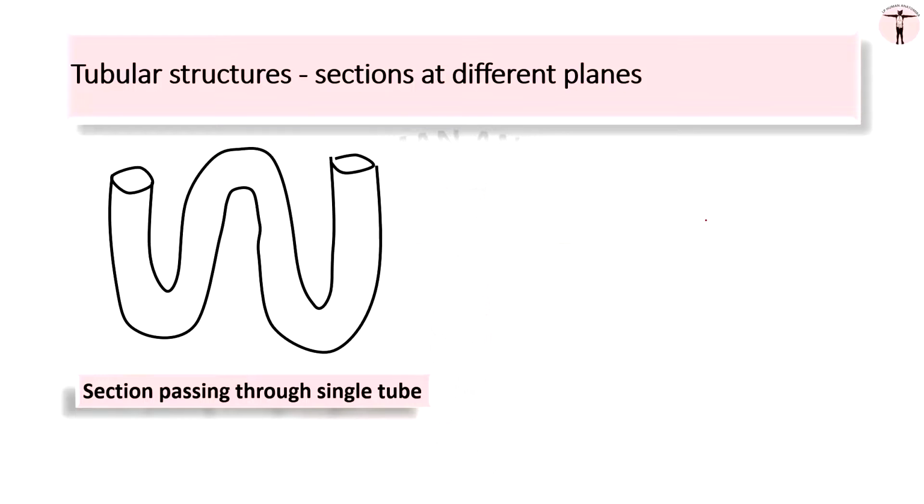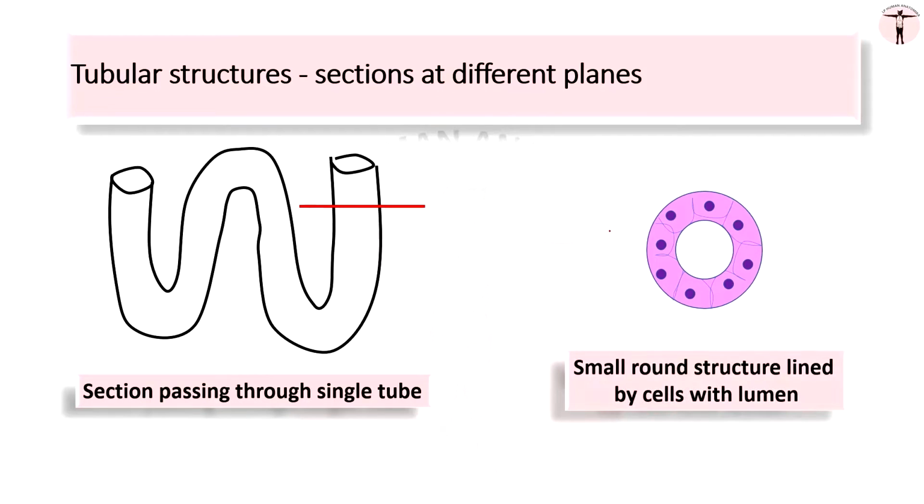When the section passes in the transverse plane, through a single point, a small round structure lined by a single layer of cells with lumen inside can be observed. So you can see a round structure, because it is going through transversely or horizontally across the single tube. So we can see a single tube, lined by a single layer of cells, with a round lumen inside.